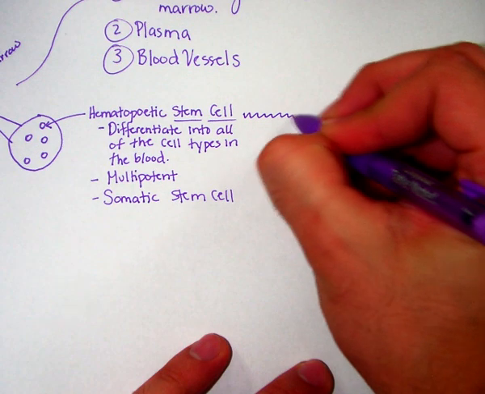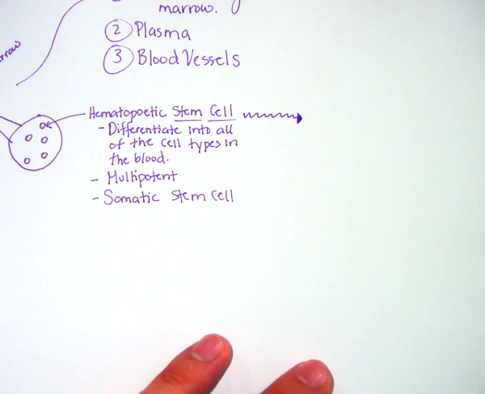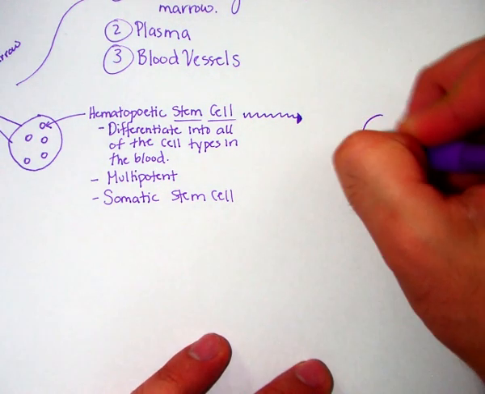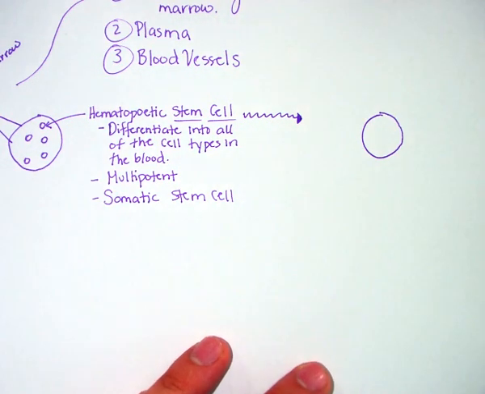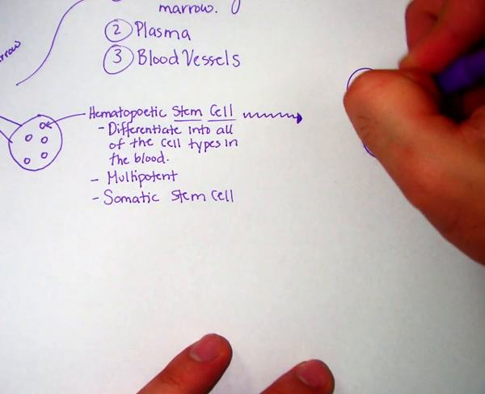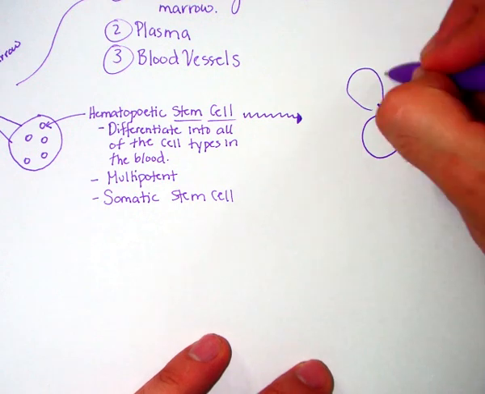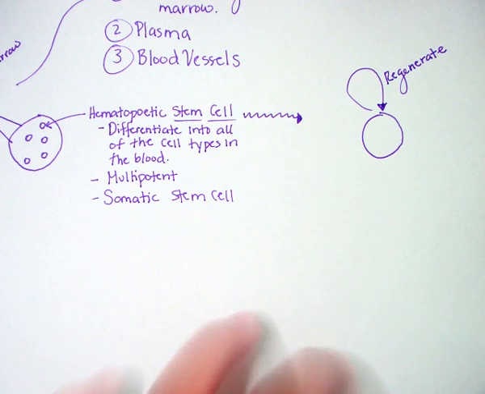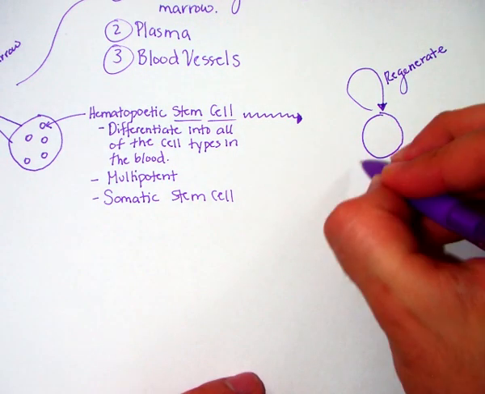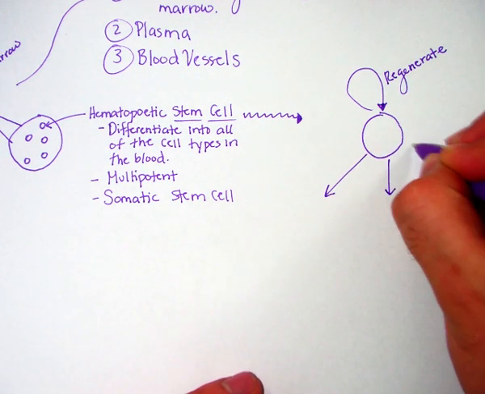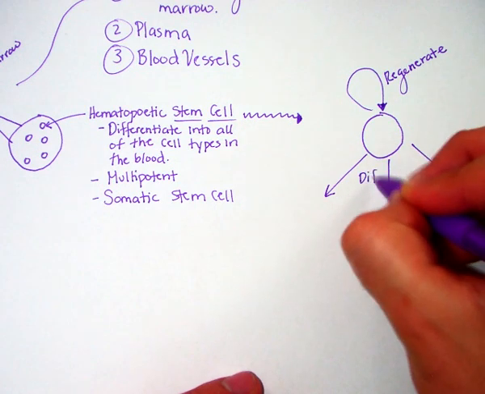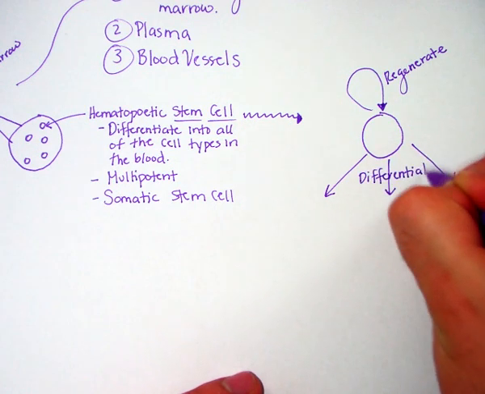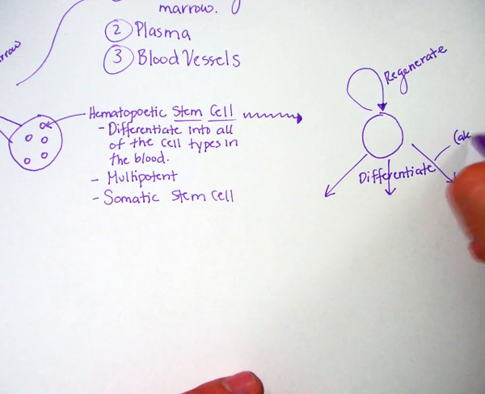Okay. So this cell can do two things. One, it can regenerate. In other words, make copies of itself. By mitosis, it can divide and just become more hematopoietic stem cells. But then it can also differentiate, also known as specialize.